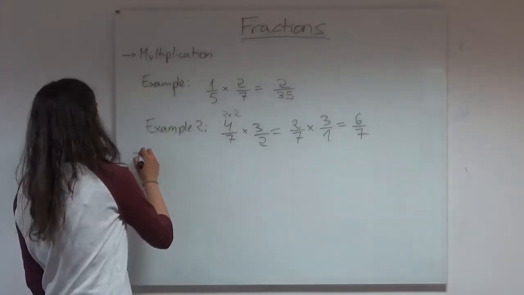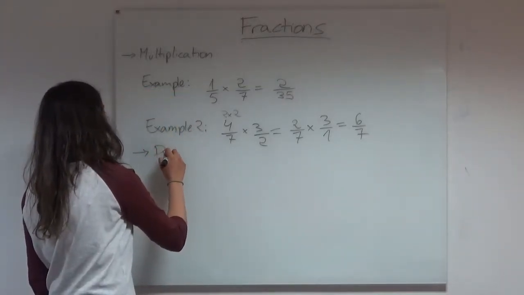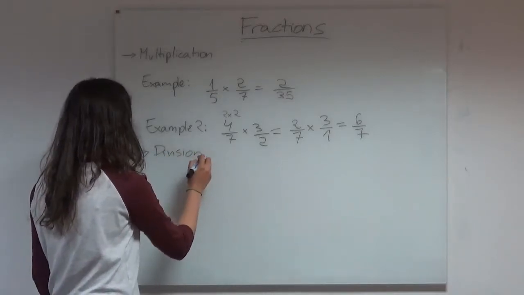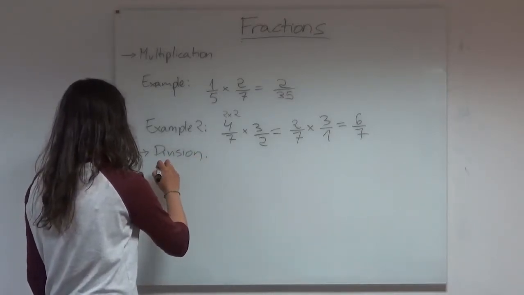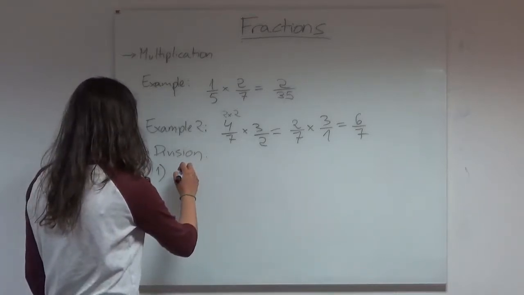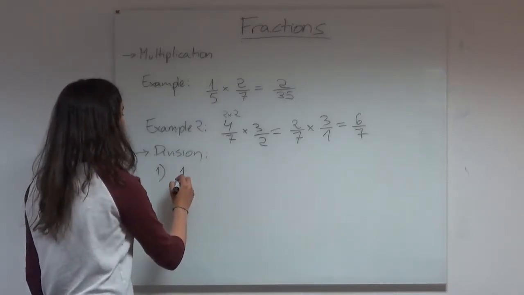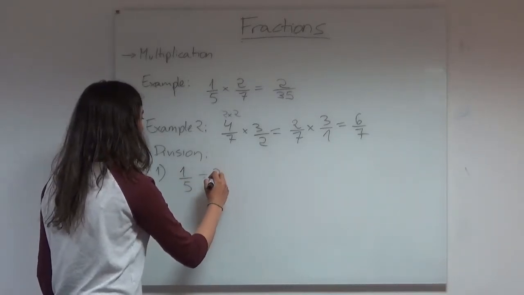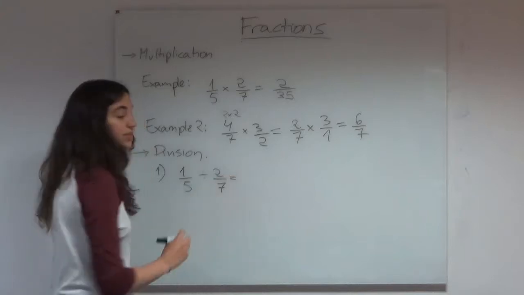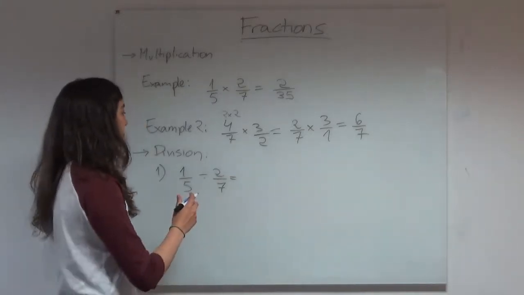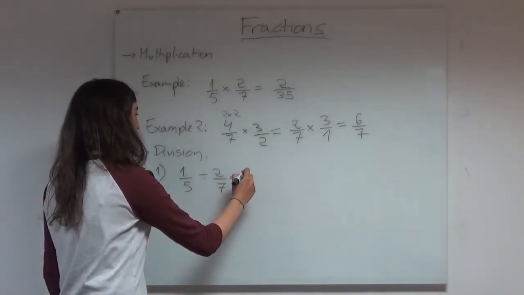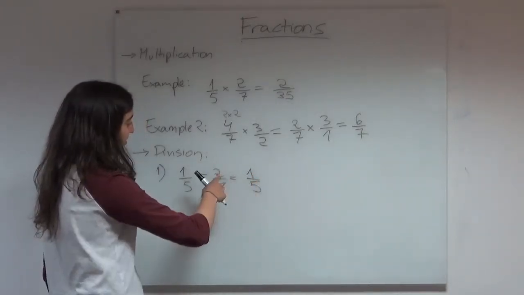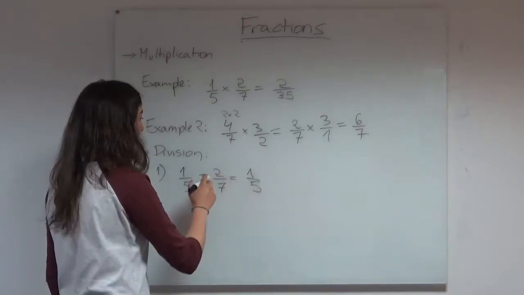Now we're going to move on to division. One example would be the same numbers that we had before, 1 over 5 divided by 2 over 7. So how division for fractions works is you take 1 over 5 and then you reverse the other fraction and multiply it.